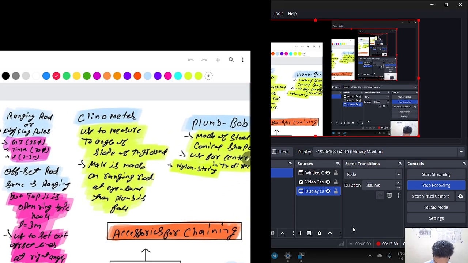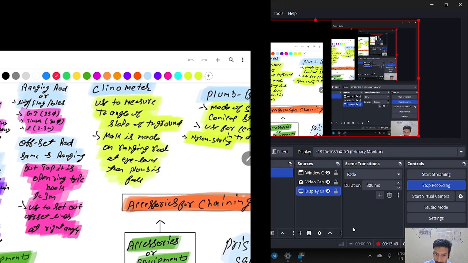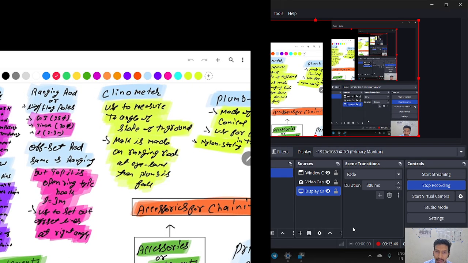Now there is the offset rod. An offset rod is the same as a ranging rod, but with an open ring type hook. Length is equal to 3 meter.